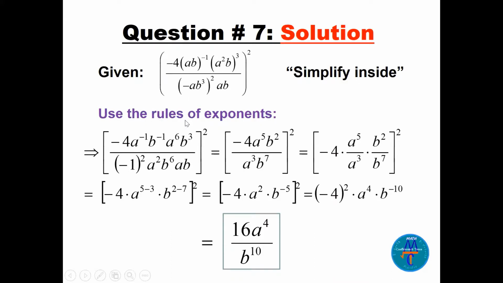Just go easily, and A power 6, B cubed. See minus 1 here, see this minus 1 squared. Put minus 1 squared. A squared, B power 6, AB, just leave it. Now here, when you multiply, you add the powers. See minus 1, 6, this is on the A. So it becomes A power 5. B minus 1, B cubed, so that's B squared.